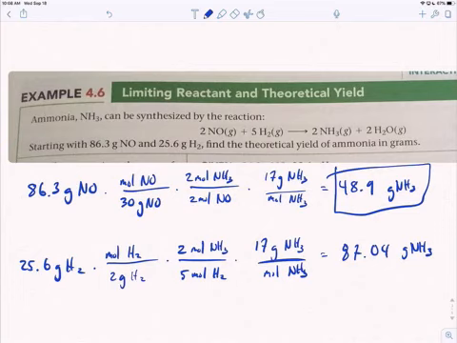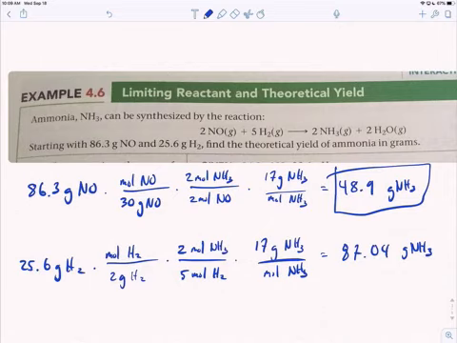So the theoretical yield, meaning how much ammonia we can get from this, is 48.9 grams. Because we looked at both, and it's not obvious, right? There's nothing to say it's obviously one. So we have to calculate both. And the middle step is usually the hard one. It's the ratio in the balanced chemical equation.